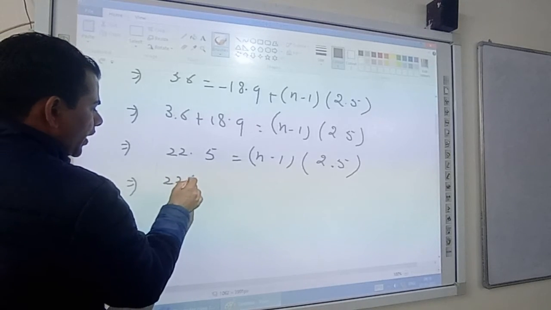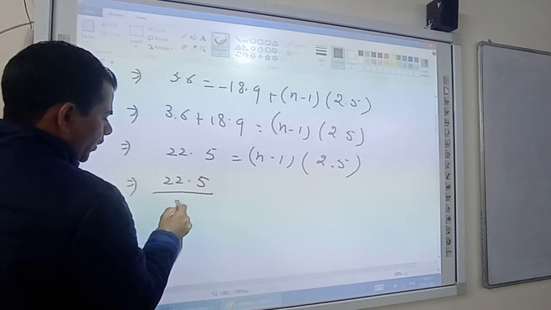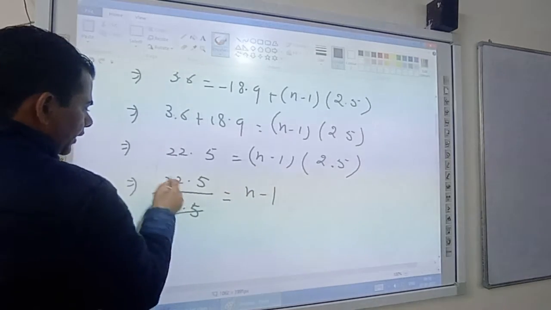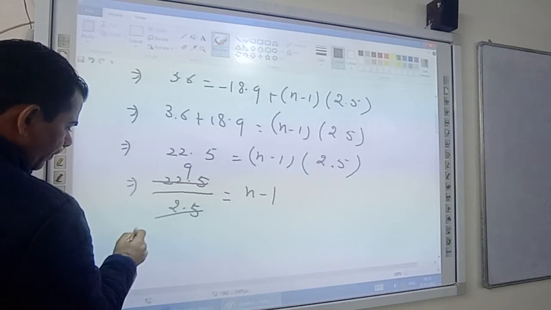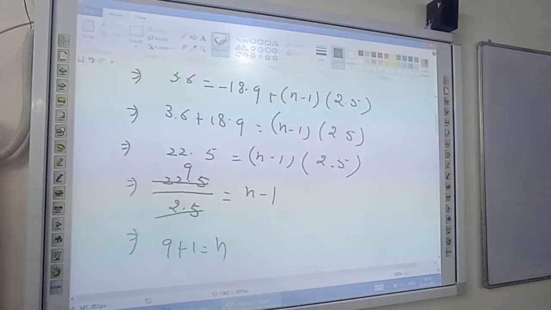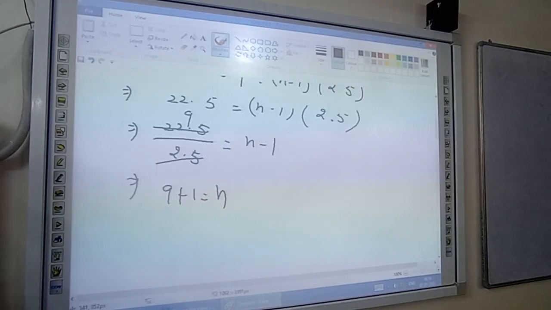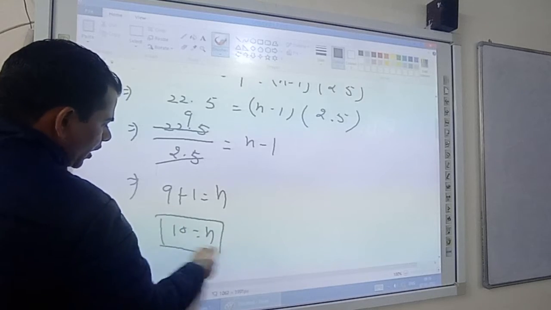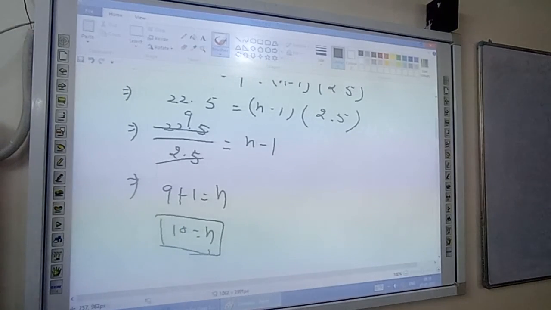Now 22.5 divided by 2.5 is 9, so n minus 1 is 9, and 9 plus 1 is 10. N is 10. Any doubt, any problem?